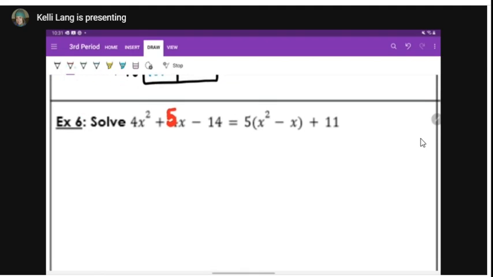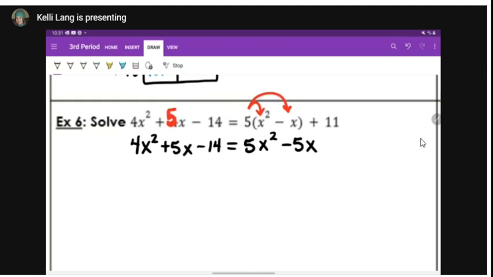The first thing we need to do is get rid of those parentheses before we even start rearranging things. So in order to get rid of those parentheses, we distribute the 5 using multiplication through the parentheses. Nothing is changing about any part of this problem except for where I'm multiplying the 5 through the parentheses.